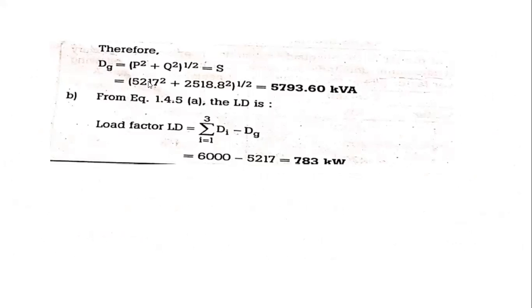The P value is 5217 square plus 2518.8 square, whole power of 1 by 2, the root. Then it is equal to the apparent power S.